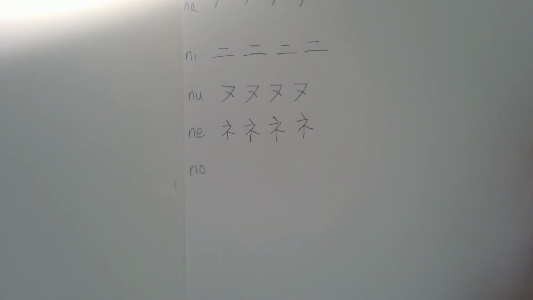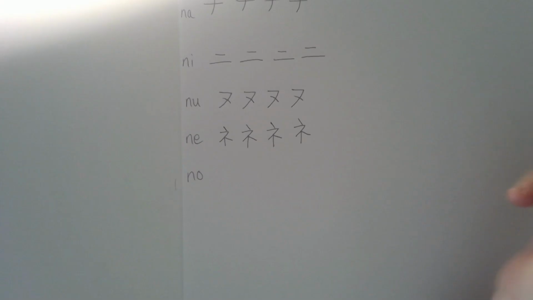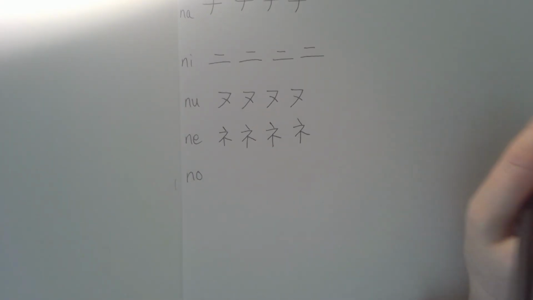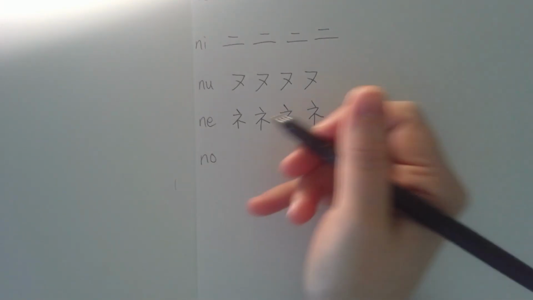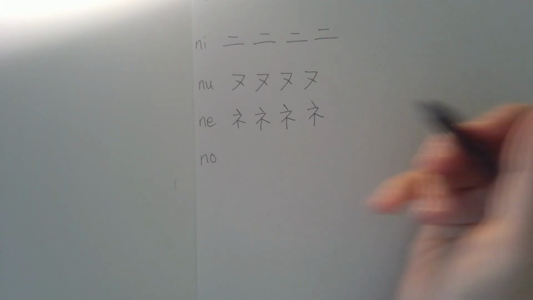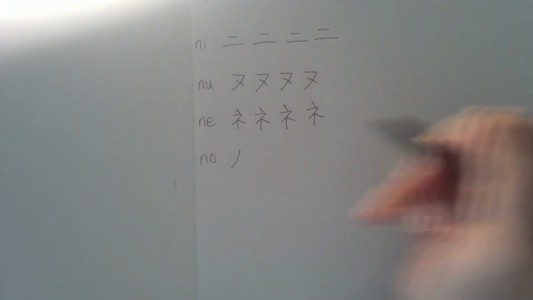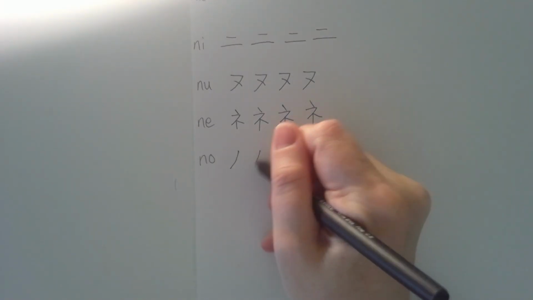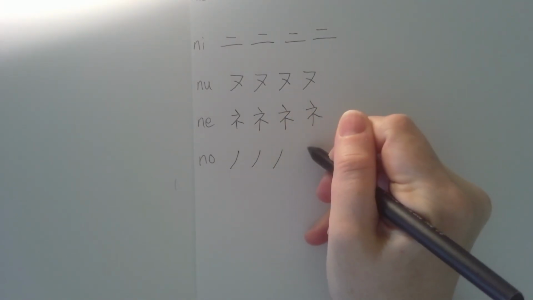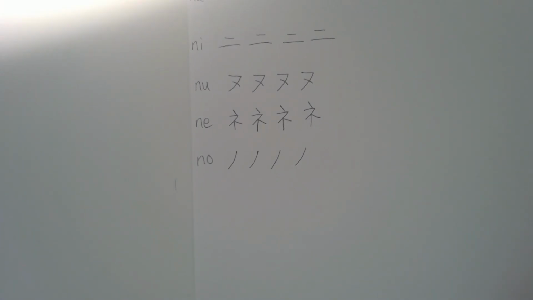A little more fancy looking one. Alright, and for no, it's simply a line down. So start from the top and go down. That's no. It almost feels silly teaching it because it's so simple.